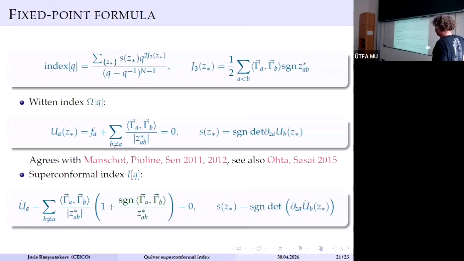This agrees with the way Schoch and Mansfield and Fielding wrote their index, and the way we derived it here is a bit similar to what these authors did. So that's kind of a check that it gives, for the Witten index, the known result.